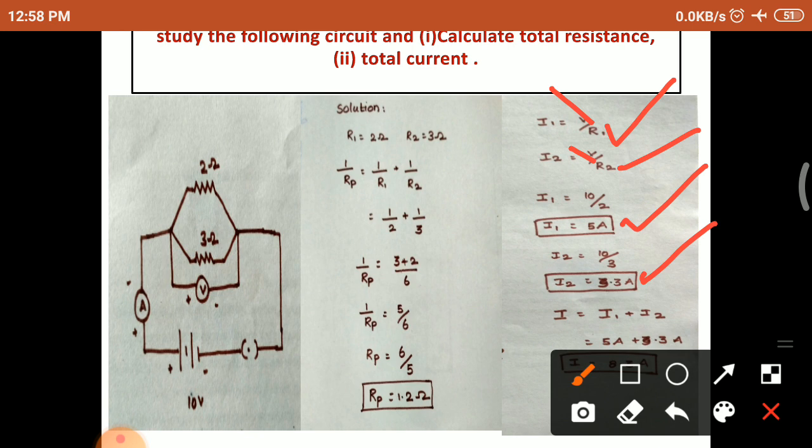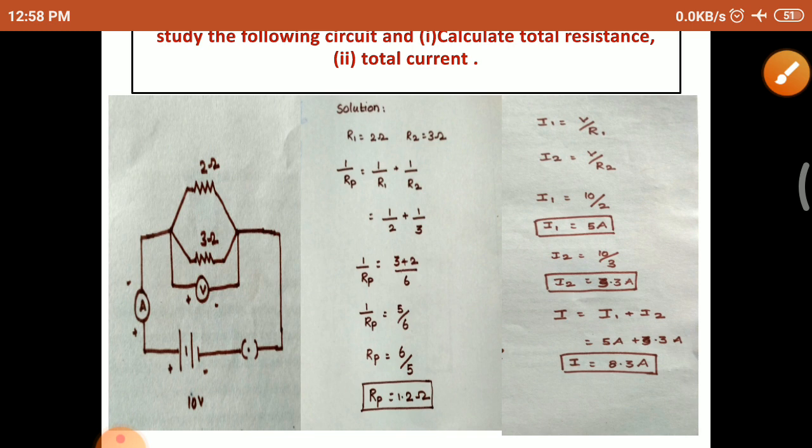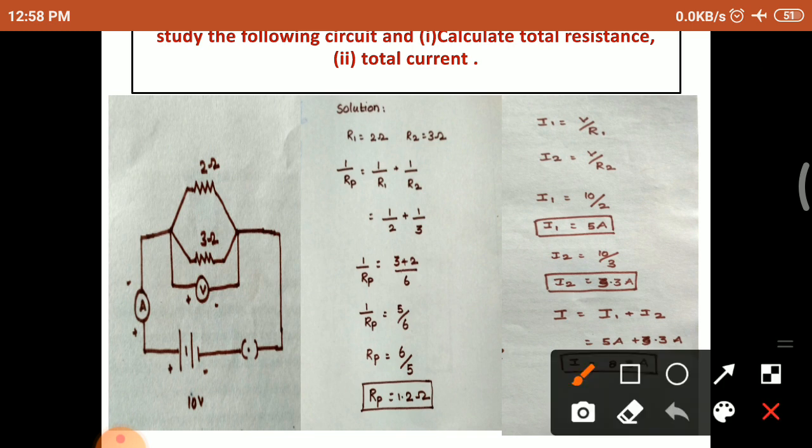You have to calculate the total current. I equals I1 plus I2. Substitute the value of I1, 5 ampere, and value of I2, 3.3 ampere. When we add 5 ampere, not here 3.3, that is 0.3. So 5 ampere plus 0.3 ampere, we get 5.3 ampere. Here, calculation mistake. 10 by 3 is equal to 3.3 only.